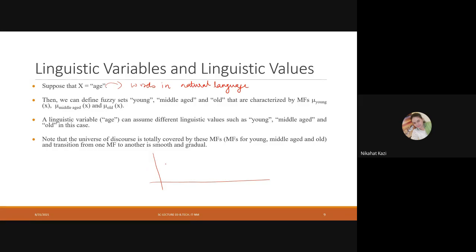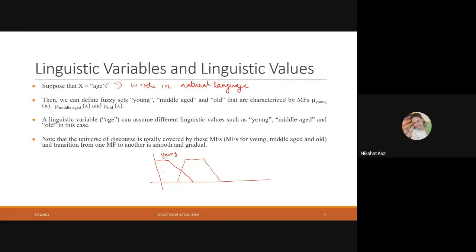So the fuzzy set young may look like this, say. This is fuzzy set young. What about fuzzy set middle aged? Middle aged will start from here, something like this. So the transition from one MF to another is smooth and gradual usually.